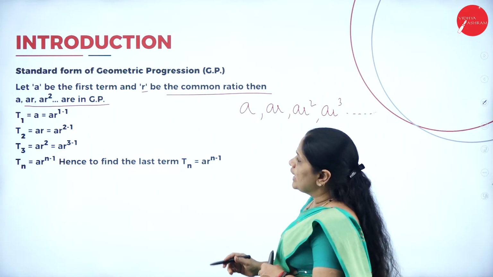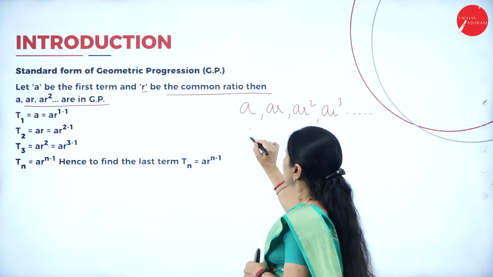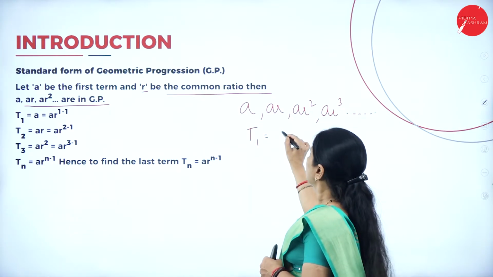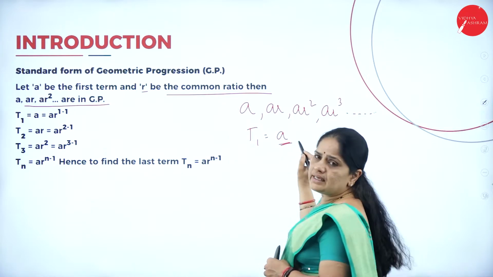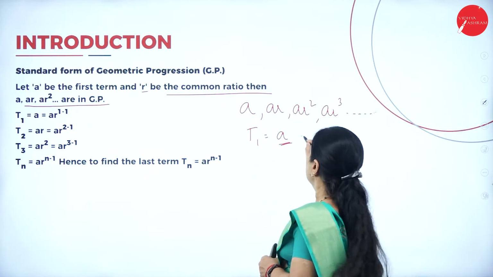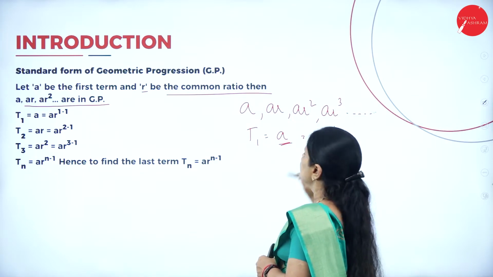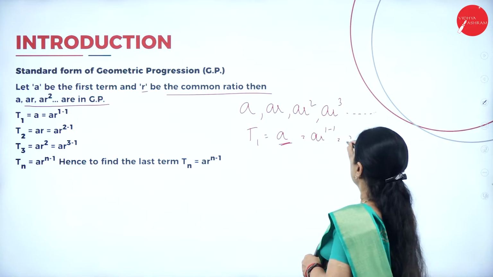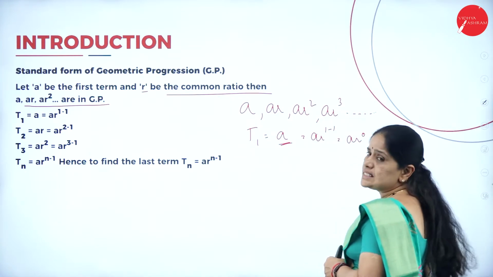Now if you have to find T1, term 1, what will be the number? The standard form will be A, or you can write it as A into R to the power of 1 minus 1. So this will be A into R to the power 0.